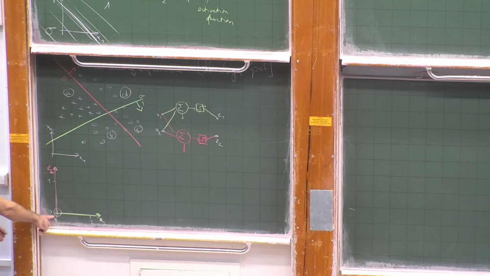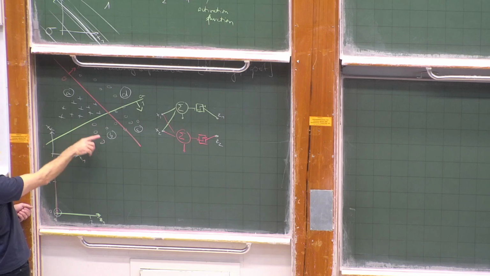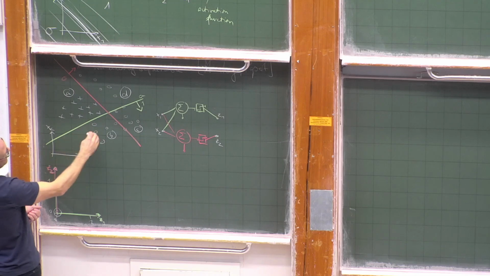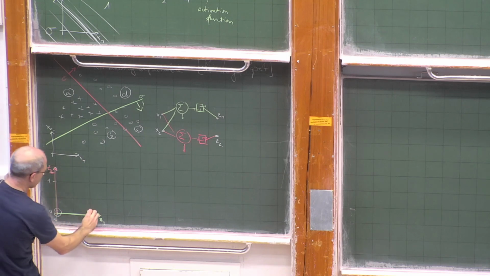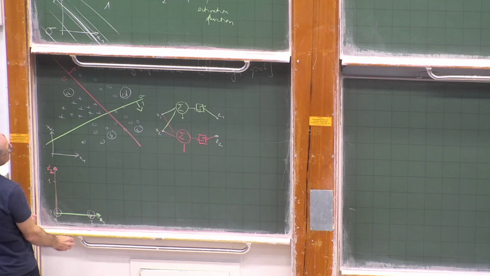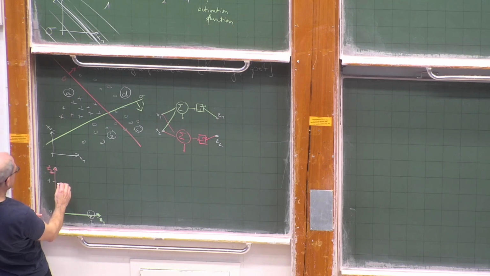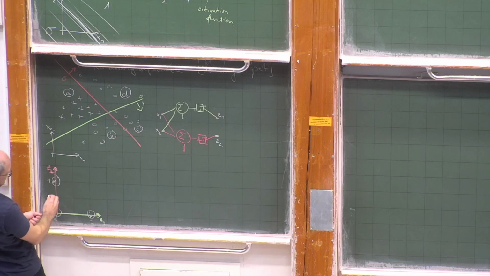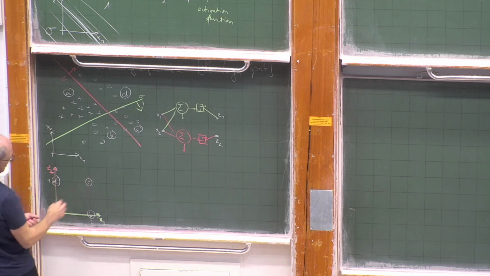They get mapped to 0, 0. Now all the points in region B, they get a 1 along the first perceptron or along the first axis. They get a 0 along the second axis. So all my points in region B end up here. And all the points in region D are here. And all the points in region C get mapped here.